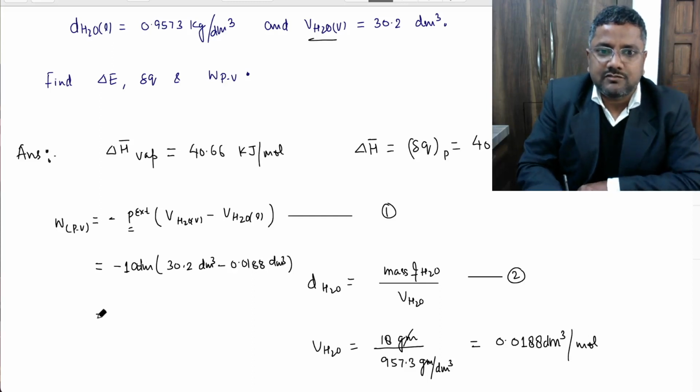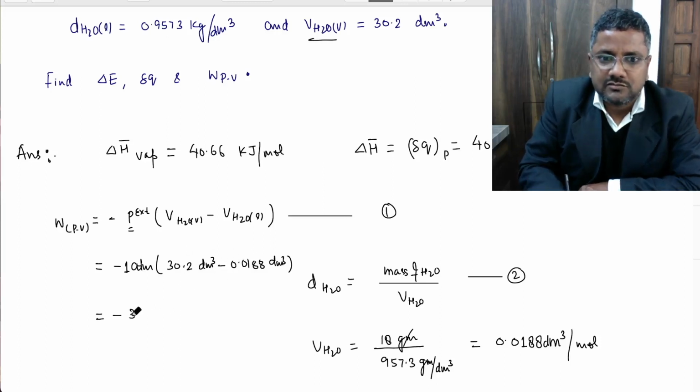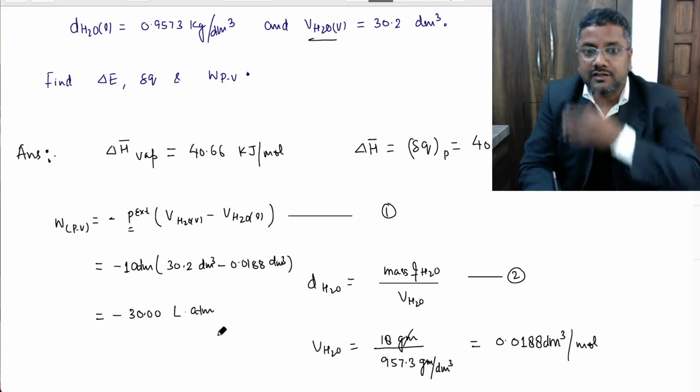So this is equal to minus 30.00 dm cube, or liter. You can write liter into atm, right? So convert this liter atm into joules.